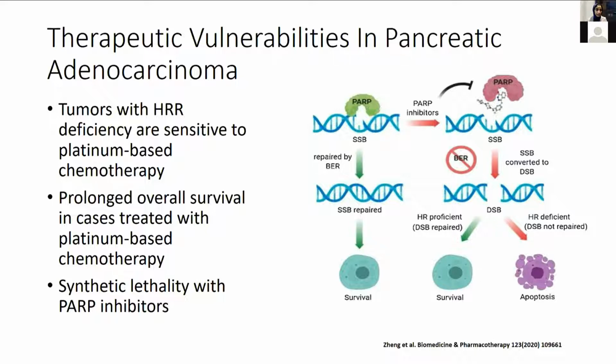The mechanism of how those PARP inhibitors form synthetic lethality is not really well understood, but it's thought that PARP inhibitors can lead to accumulation of single-stranded breaks in the replication forks, and those can progress to double-stranded breaks that cannot be repaired by HR-deficient cells in the case of pancreatic adenocarcinoma, leading to apoptosis and cell death.